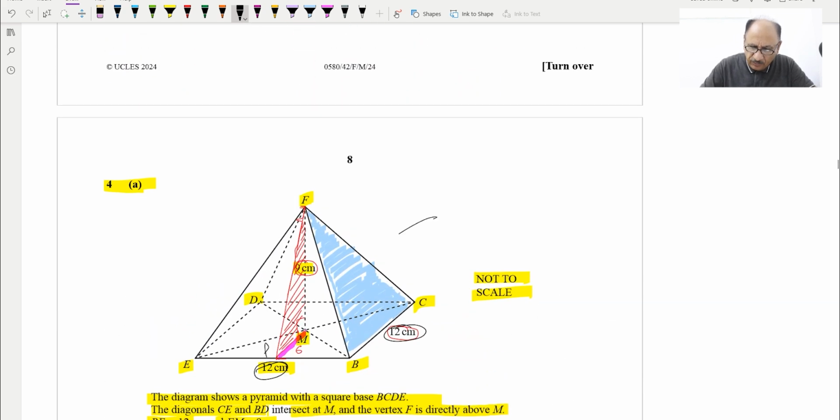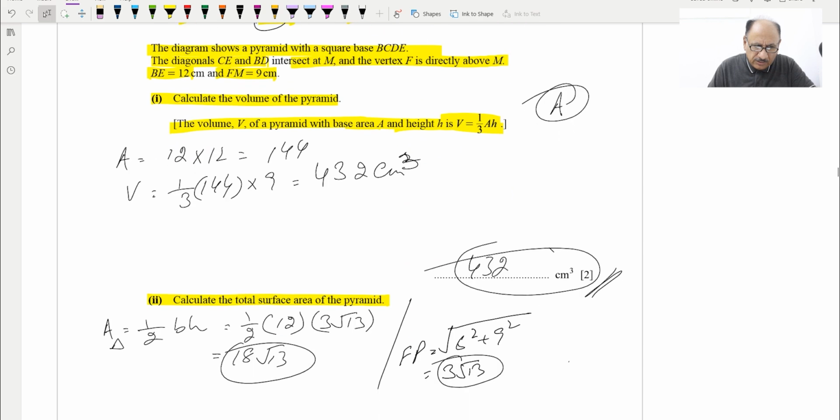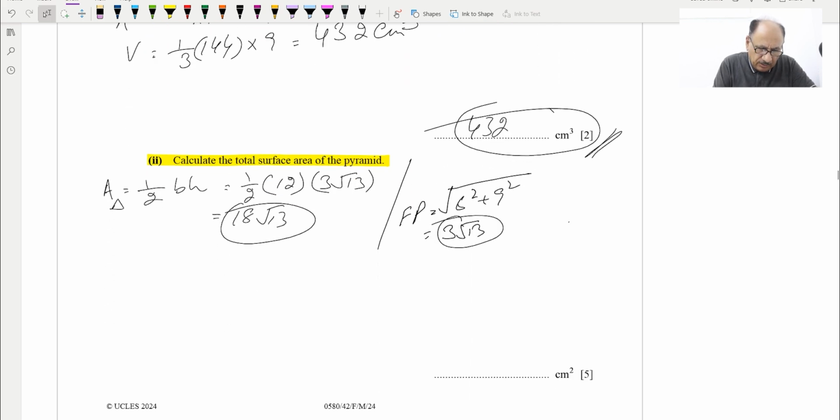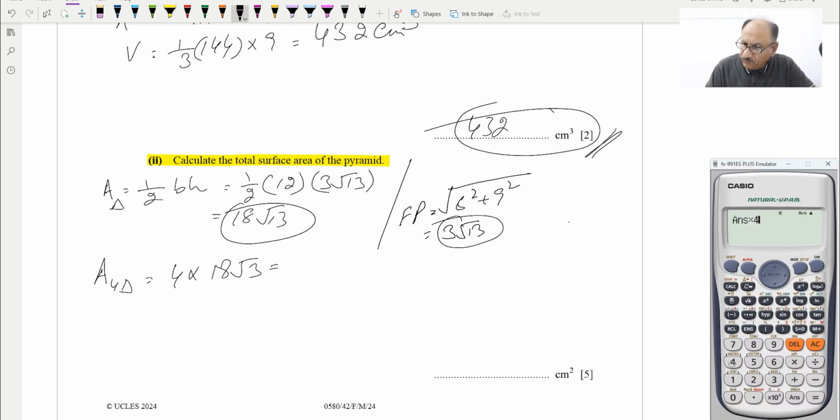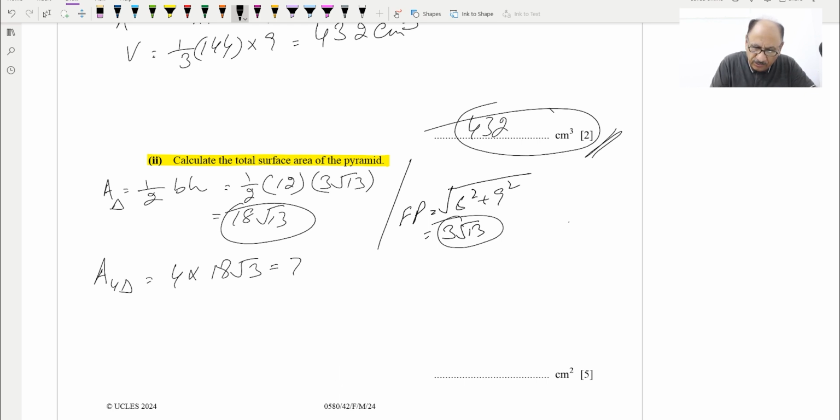This area is for this shaded triangle, 18 root 13. This is area for one triangle, and we are having four similar triangles, so area of four triangles will be equal to 4 into 18 root 13, and this is equal to 72 root 13.